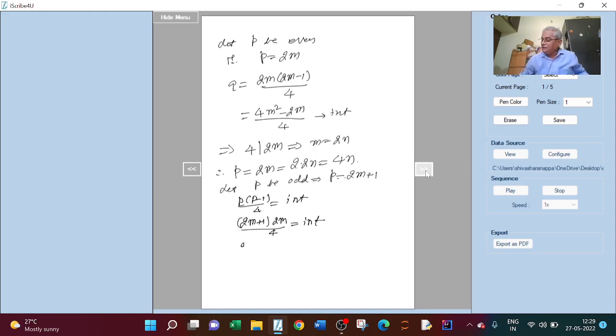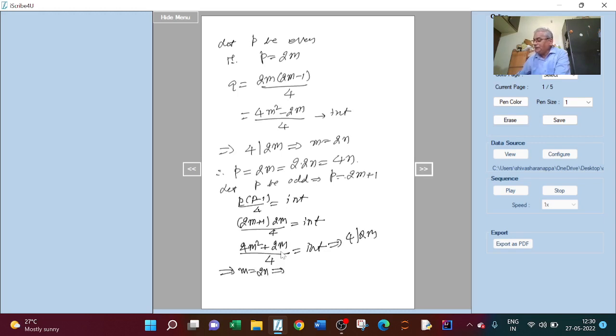We can write this as 4M square plus 2M divided by 4, which must be an integer. So this quantity 4M square is divisible by 4, and 4 divides the whole also. Therefore 4 divides 2 into M, and so M must be of the form 2 into n.